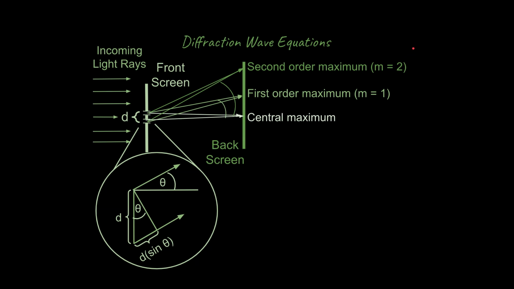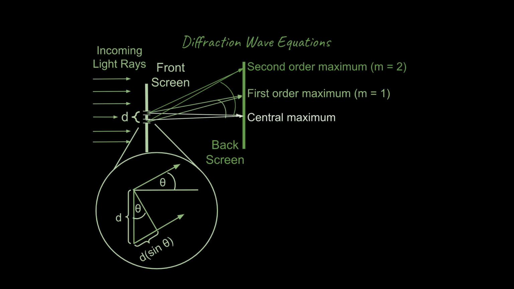If they fire off at some distant spot, they're nearly parallel to each other. They're not completely, but they're nearly parallel. And so the major difference for their length of travel is going to be this distance right here. This distance would be this d value times the sine of theta, d sin θ. Using geometry and a little bit of trig, that would be true. And so this is the length difference between these waves.